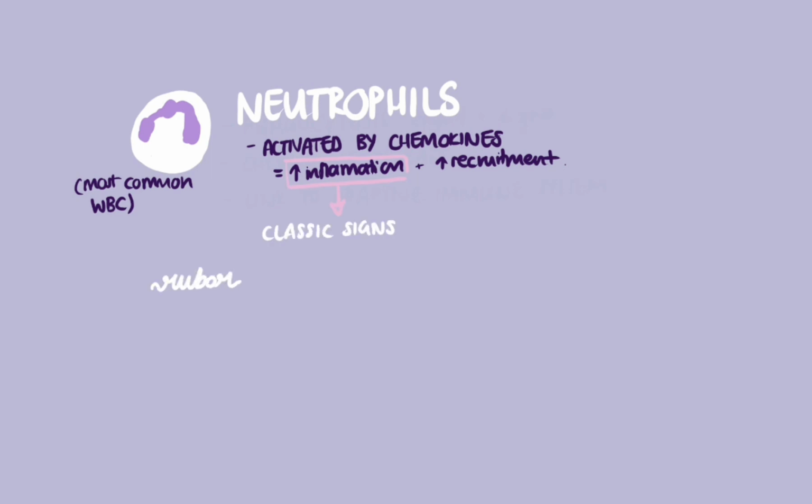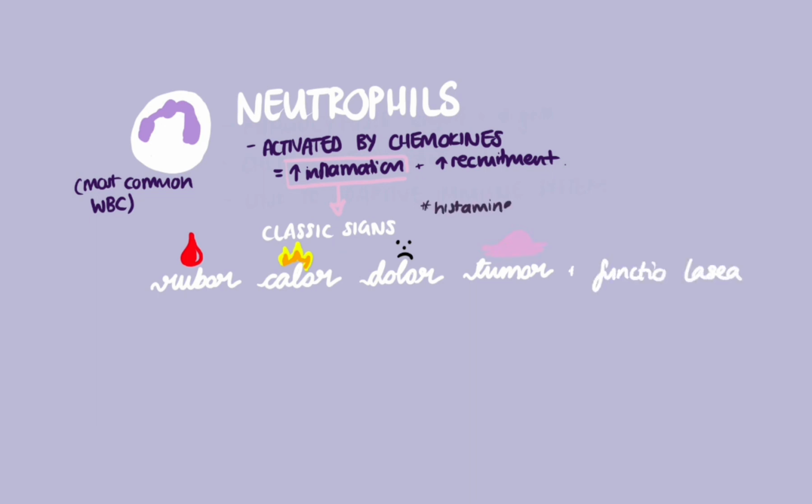Let's talk about the classic signs of inflammation. You have rubor, or redness, you have calor, or heat, you have dolor, which is pain, tumor, which represents swelling, and functio laesa. So these are all Latin terms, and that means loss of function. And these signs all are linked to histamine release as well.